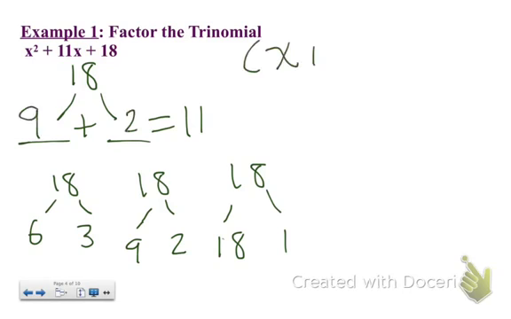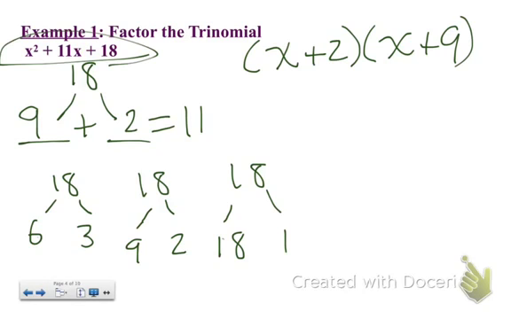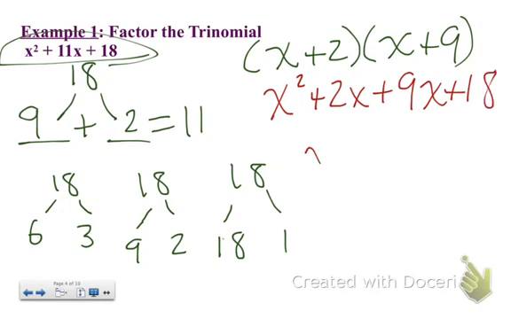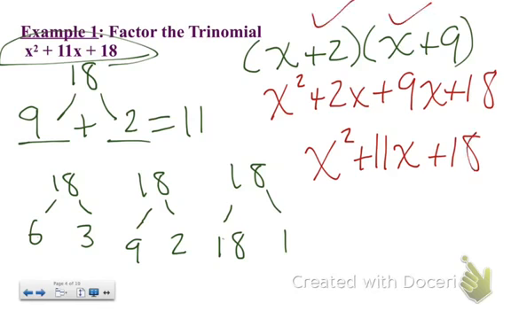So x plus 2, x plus 9 should be the factorization. We can always double check by multiplying it back out. I would get x squared plus 2x plus 9x plus 18, which when we combine like terms is x squared plus 11x plus 18. So we know that that's right.